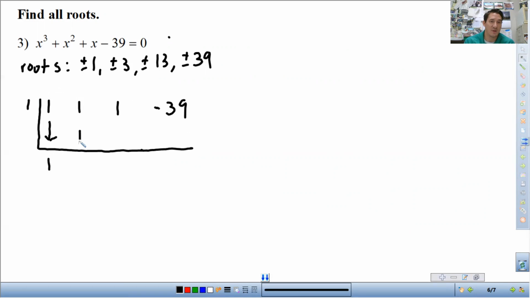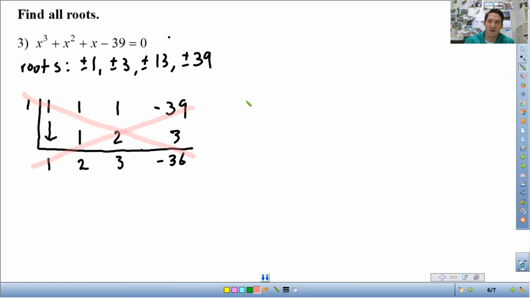Bring down the 1. 1 times 1 is 1. Add to get 2. 2 times 1 is 2. Add to get 3. 3 times 1 is 3. You get negative 36. So not it. It has a remainder, so it does not work. We want this to be 0. So let's test another one.